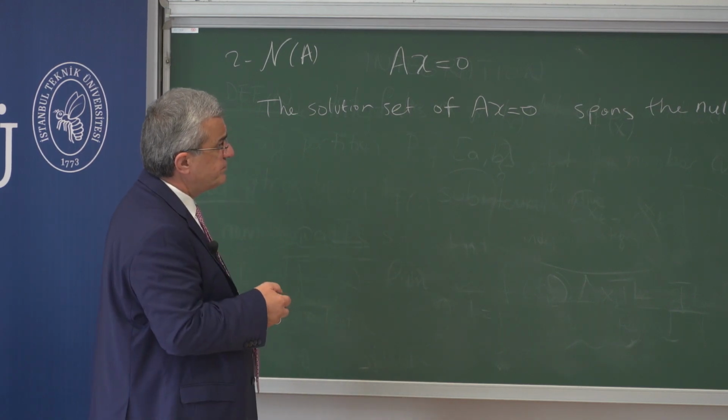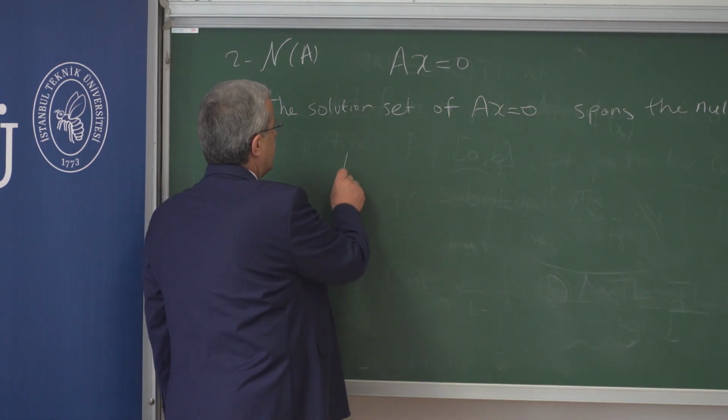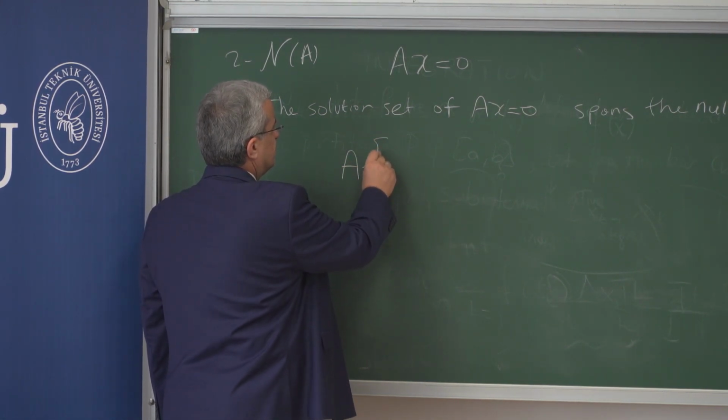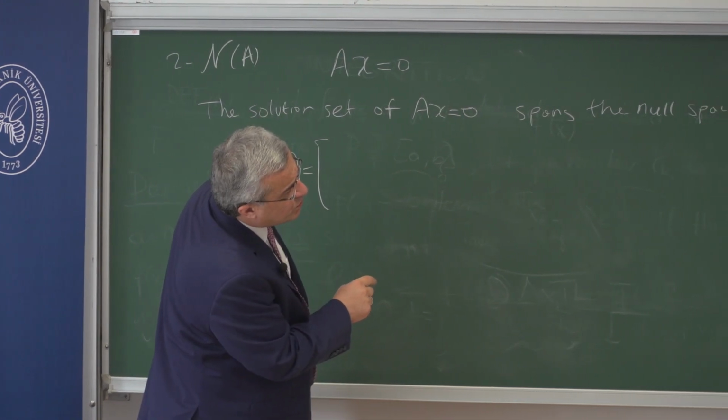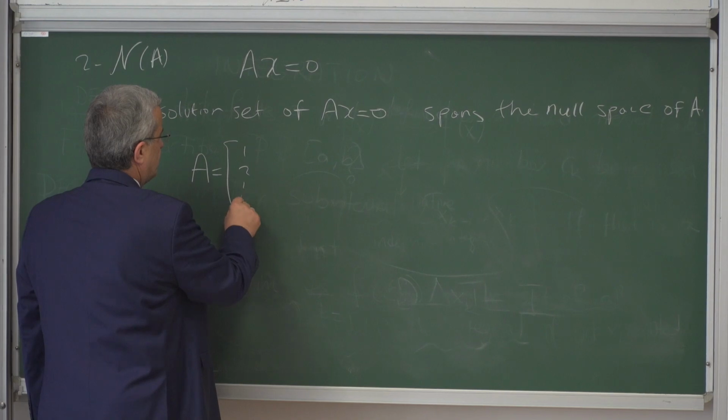So let me take that example. A is equal to 1, 2, 1, 4, 1, 2, 1, 4.